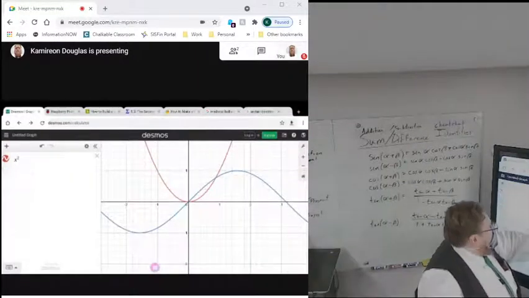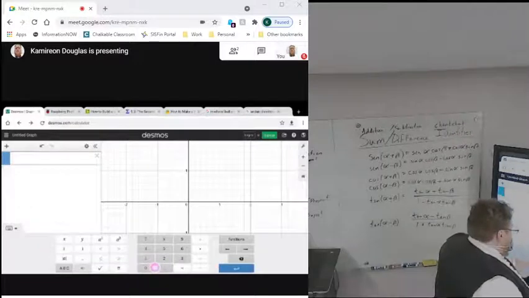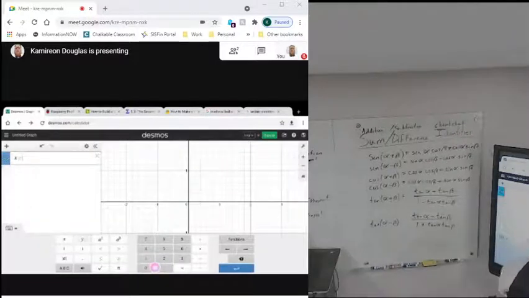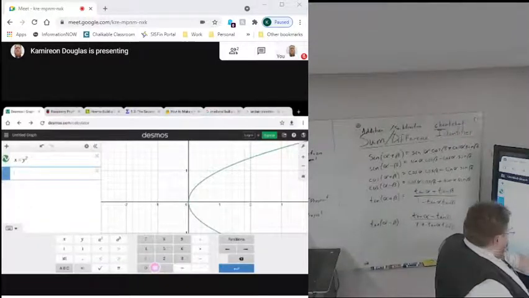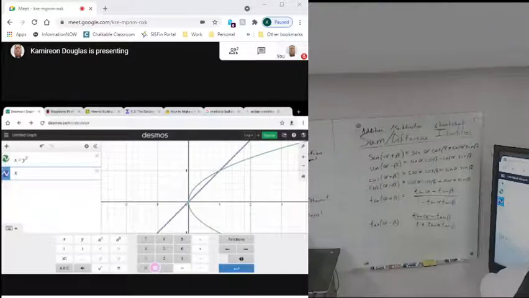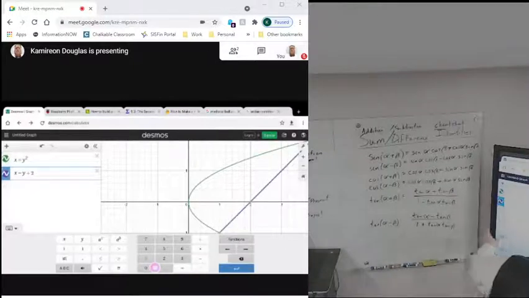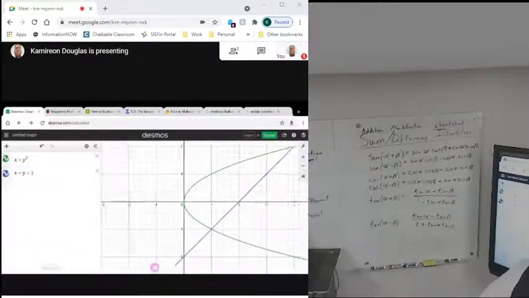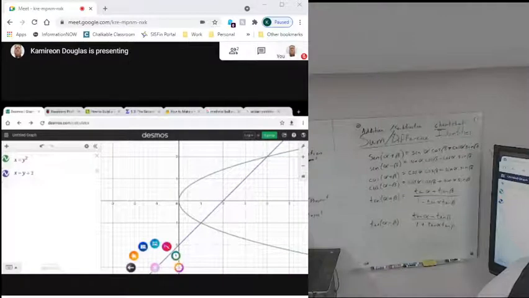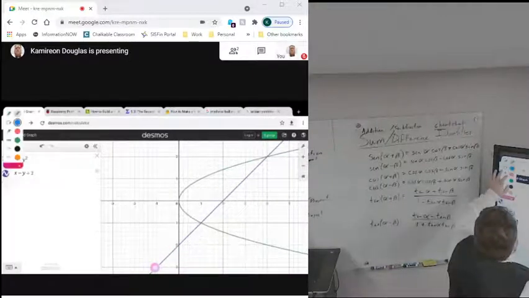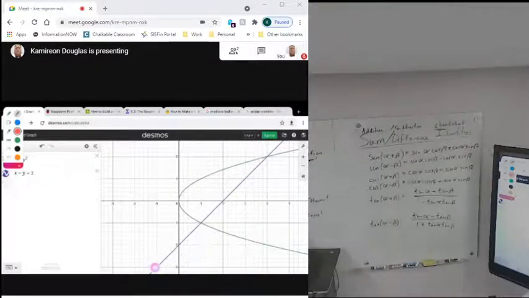So my two equations in Desmos were x equals y squared and x equals y plus 2. So the area we just found was that area, which I want to point out something special about.